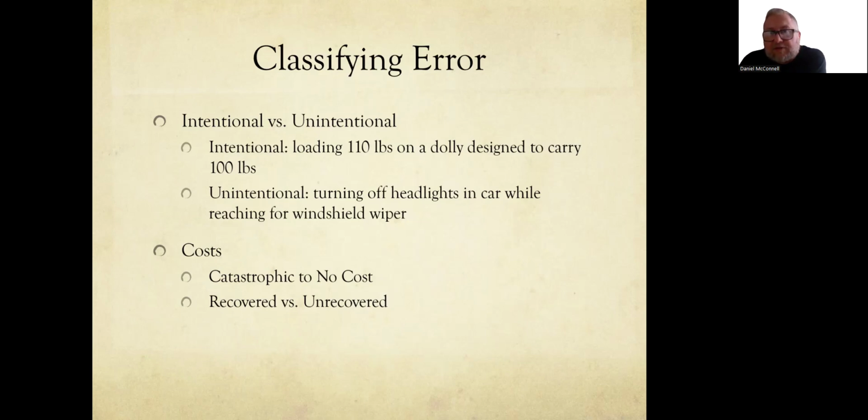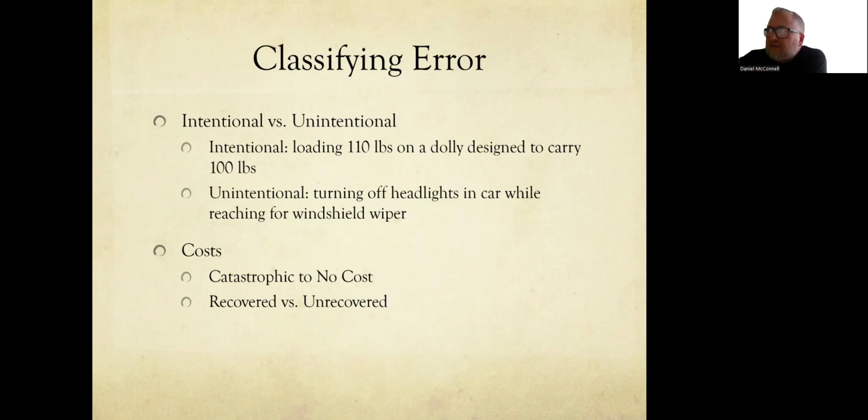Now, at the bottom, I mentioned the costs, right? So some errors, as noted, may have no costs, but some can be catastrophic, in the sense that we could be looking at loss of life or significant injury. We might also talk about the ability to recover from an error, right?